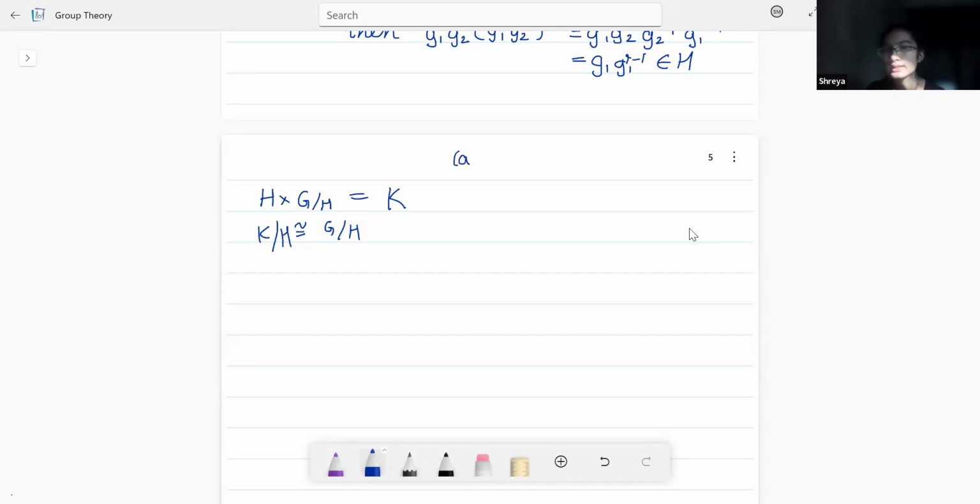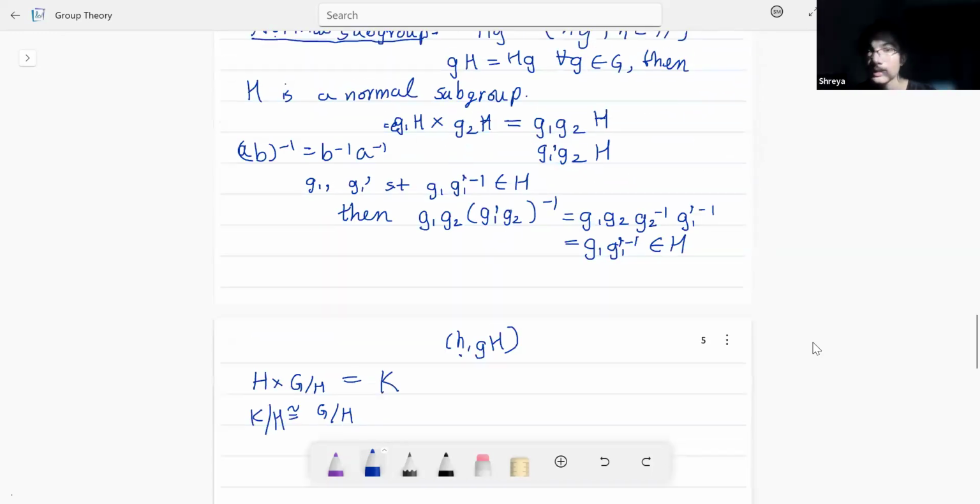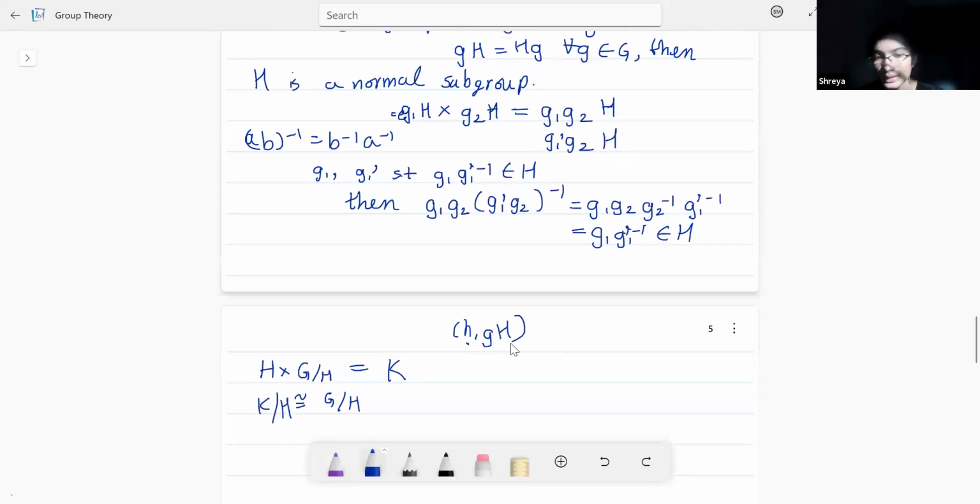You have pairs which are like H and GH, and if you mod it out by these things, you'll just get sets based on the value of this one. So yes, it will be isomorphic. So no, it's not possible to recover G from H and G by H.